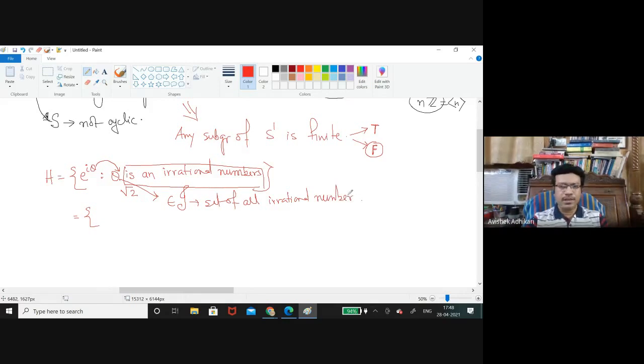That is your set. Now the question is, is it a group or a subgroup? What would be the identity element of H if you vary theta among all irrational numbers?